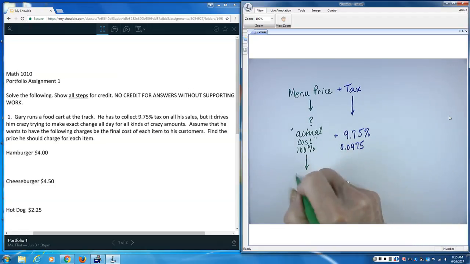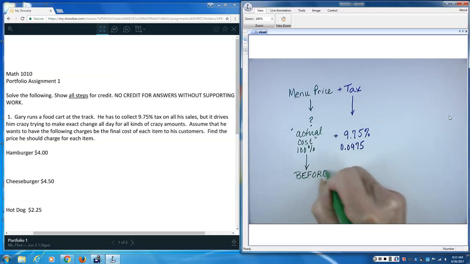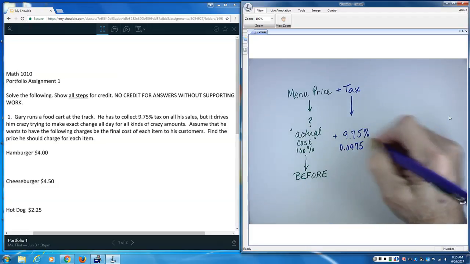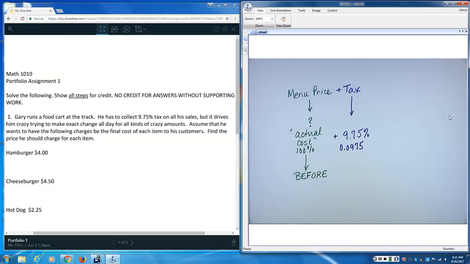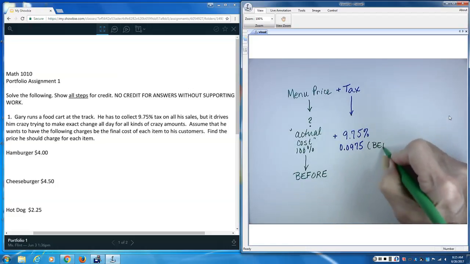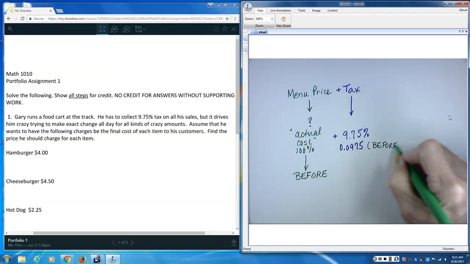And this is the key. That's before tax. And the 9.75% is actually going to be multiplied times that before cost, not the after cost.